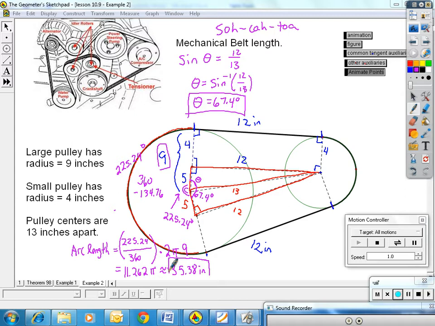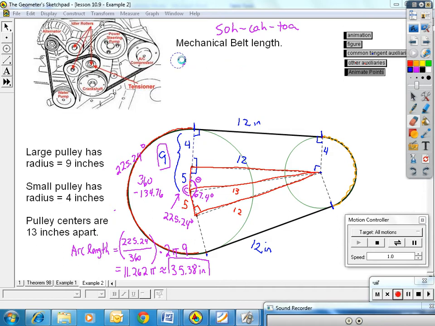Now it is left for us to find this final part right here, the length of that one, and we're going to do the same thing, right? It's going to be the same procedure. So to give myself some space here, I'll take this out and we'll reduplicate that.